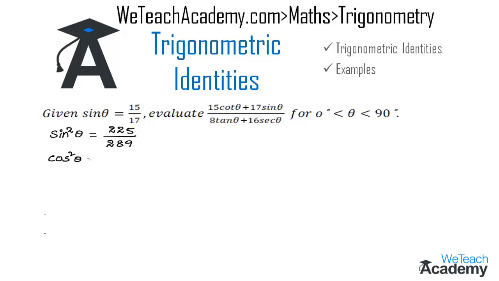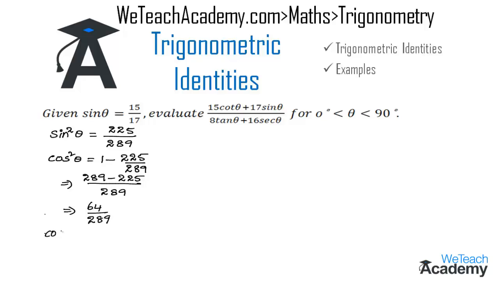And now let us find the value of cos squared theta. The value of cos squared theta can be found by the formula 1 minus sin squared theta. So let us write 1 minus the value of sin squared theta, which is 225 divided by 289. By simplifying we get 289 minus 225 divided by 289, and by subtracting we get 64 divided by 289 as the value of cos squared theta.